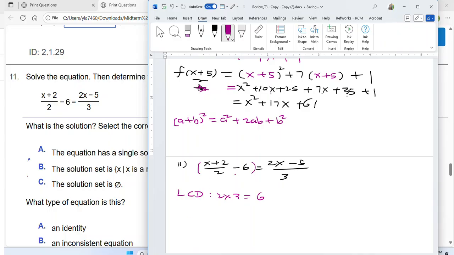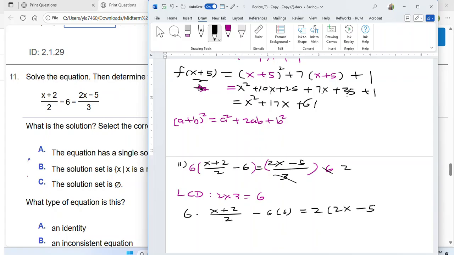Okay, so the first one, 6 times (x plus 2) over 2 minus 6, need to distribute that in, 6 times 6. And on the right-hand side, the 3 and 6 cancel out, so you have a 2, and this 2 needs to be multiplied by the numerator. On the left, this cancels out and you're going to have a 3, so 3 needs to be multiplied by the numerator, okay?